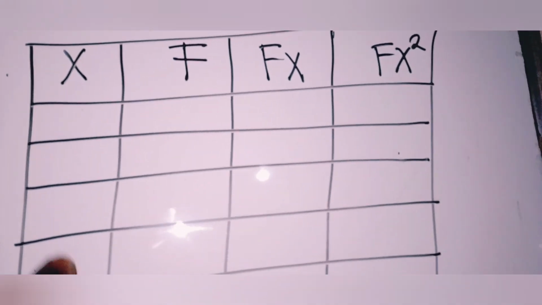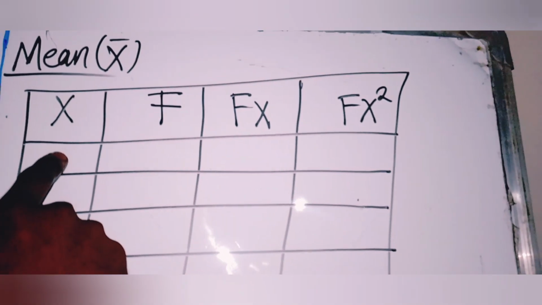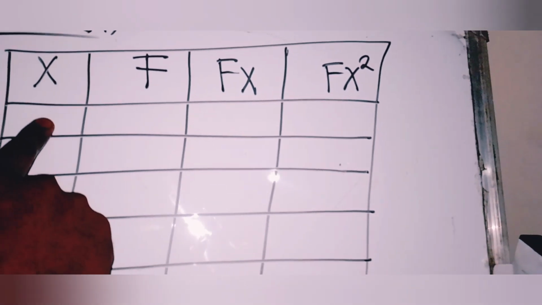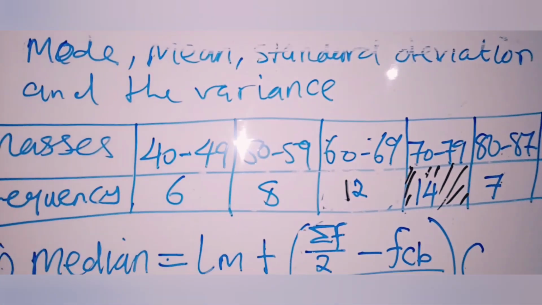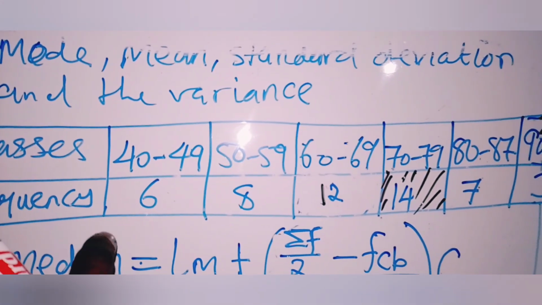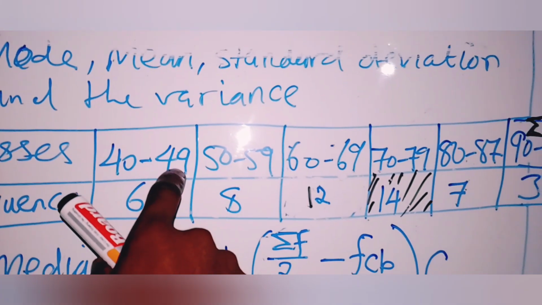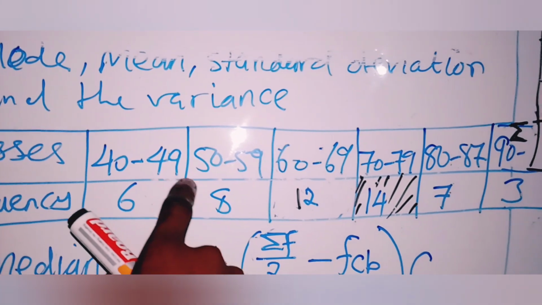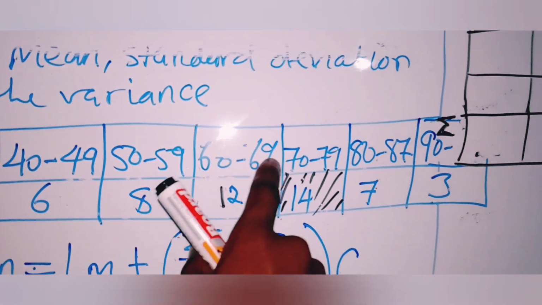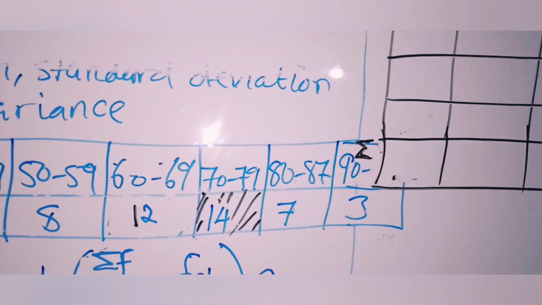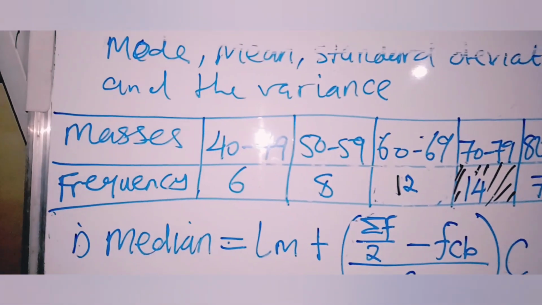So in order to fill this in, we calculate from the masses. Remember, x has become the masses. So 40 plus 49, you divide by 2. 50 plus 59 divided by 2, and 60 plus 69 divided by 2. Okay, so these are the frequencies.